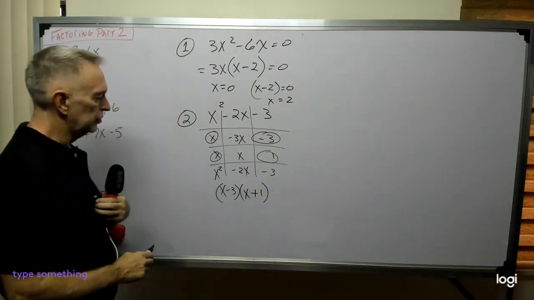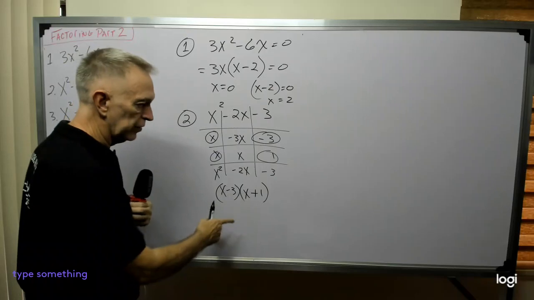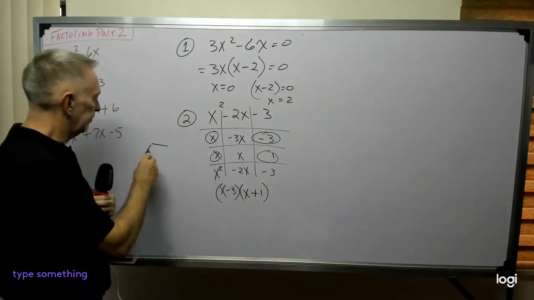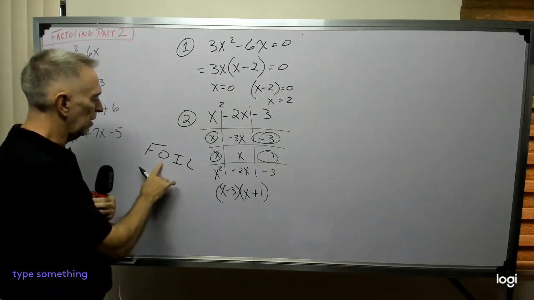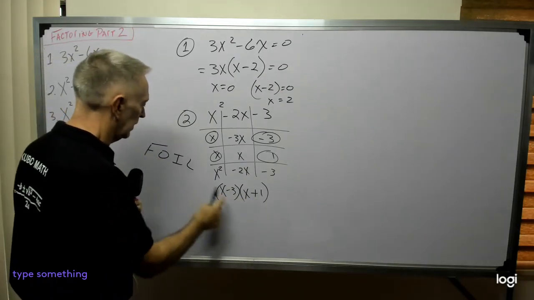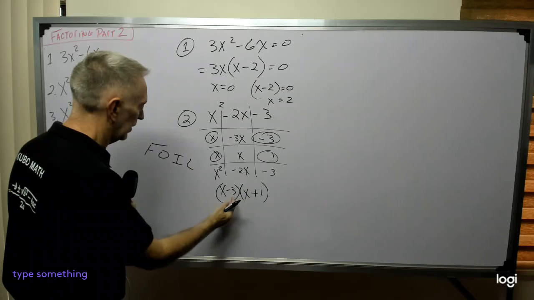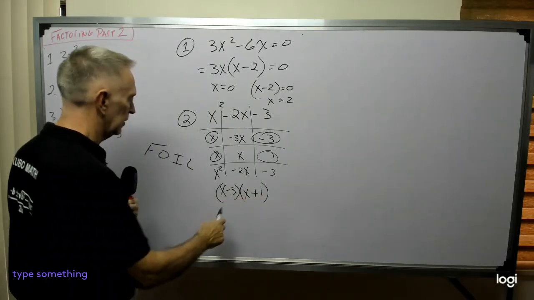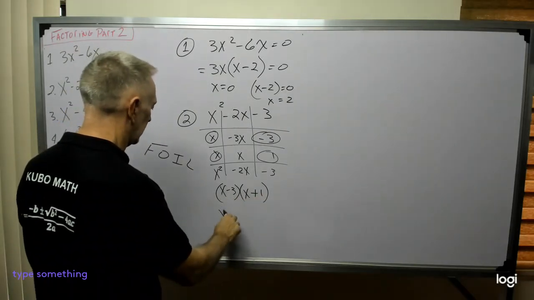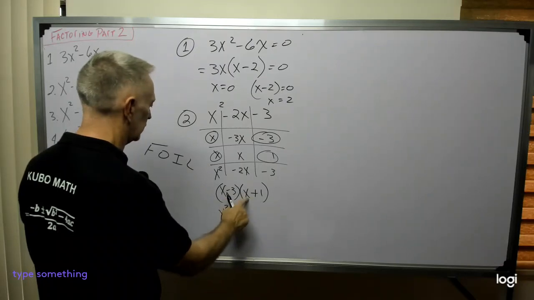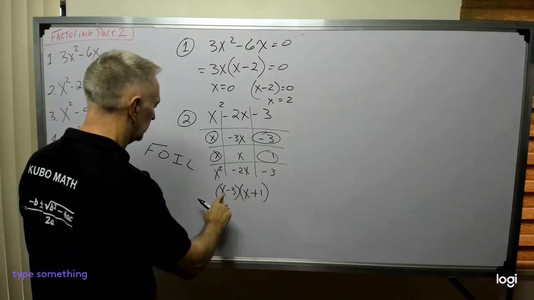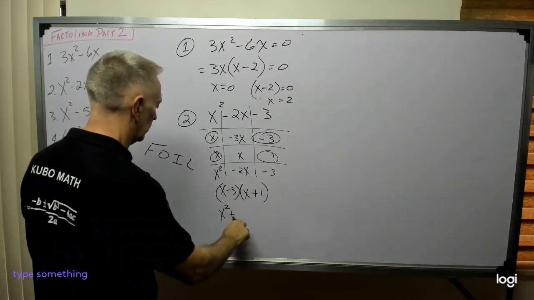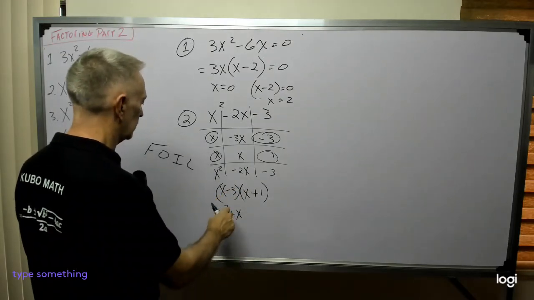Now if you want to check yourself, you can FOIL this. F-O-I-L: first times first, outer times outer, inner times inner, last times last. So let's do the first. X times x is x to the second power. Outside, 1 times x, so a positive 1 times x is a positive x.